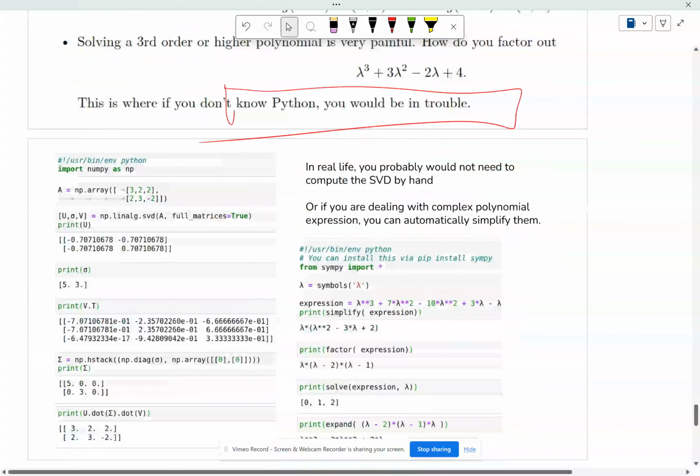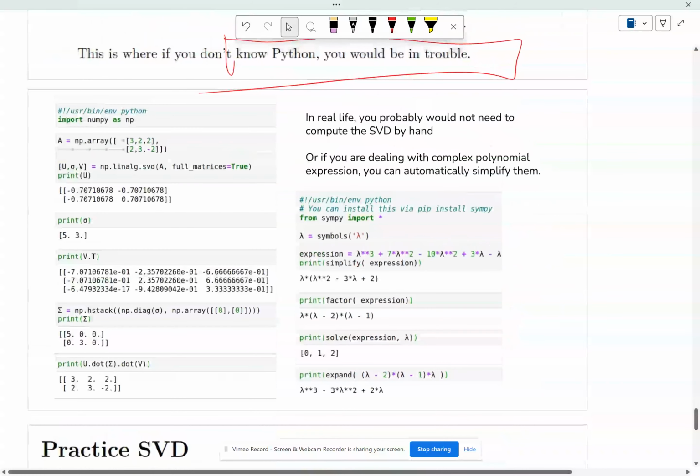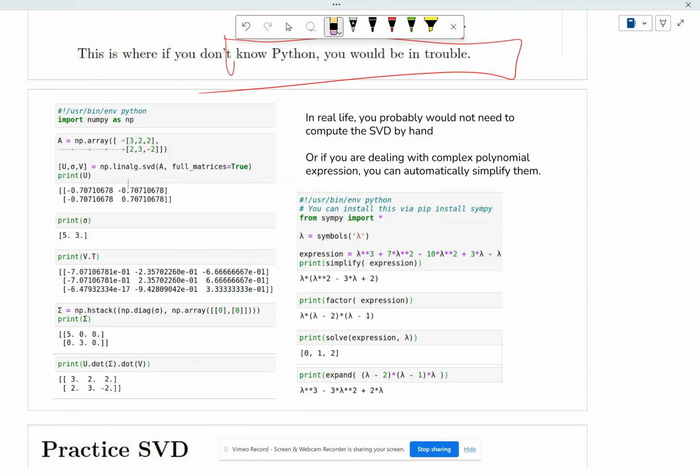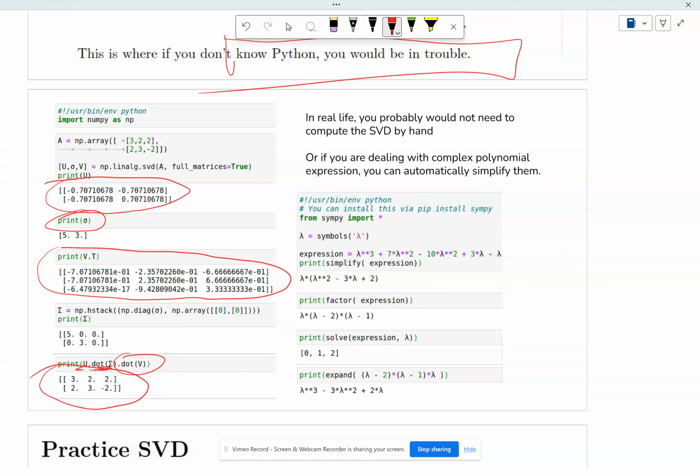And the way you would do it, SVD is as easy as a command, SVD. And then after you do the SVD, voila, here's the U matrix, here's the sigma, and here's the V transpose. Now, if I were to multiply U dot sigma, and then dot V, notice I would recombine it together.